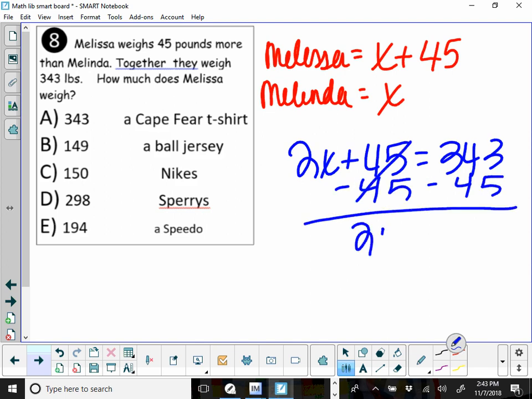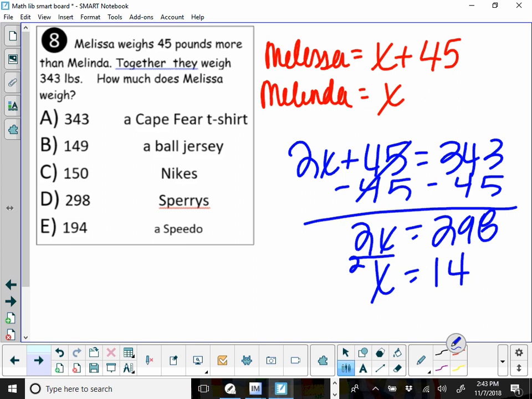Move your 45, so 2x is going to equal 298. And divide by 2, and x would equal 149. So 149 is x, which was Melinda. It asked for Melissa, so you have to add 45 to that. So it'll be 194.